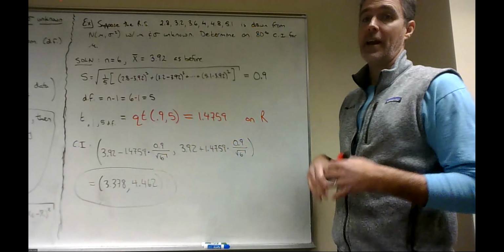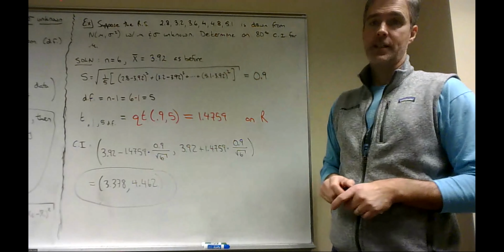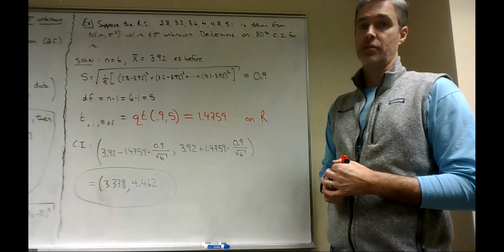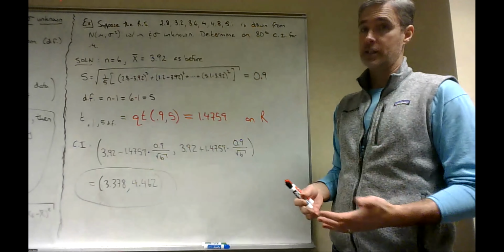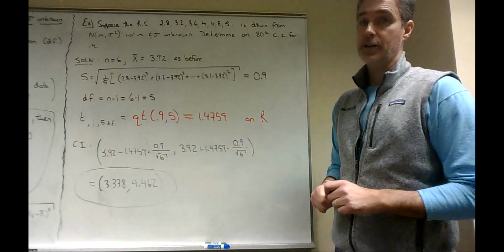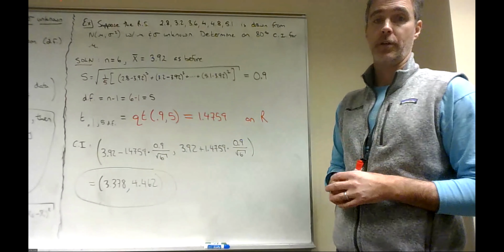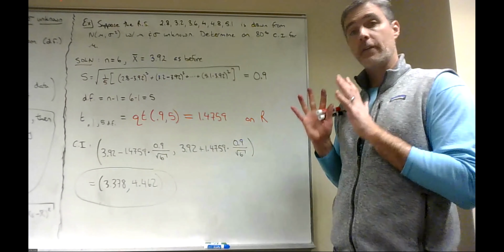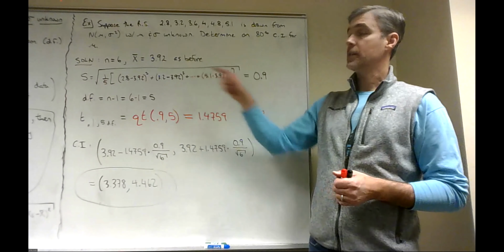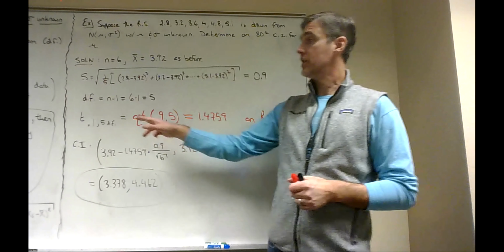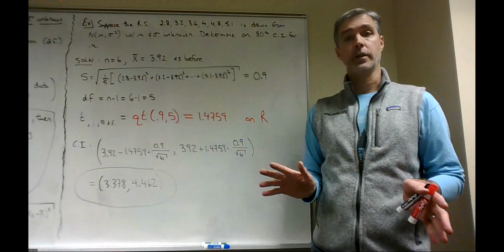So that's telling me that if I had a bunch of data sets containing 6 data elements from this normal distribution, and I calculated the confidence intervals for each of these hundreds of thousands of samples, then 95% of those confidence intervals would contain the true population mean. So it's virtually identical to what we did when we knew sigma, but now we're using s in place of sigma, and we're using the t distribution in place of N(0,1) to get our quantile. That's the only difference.